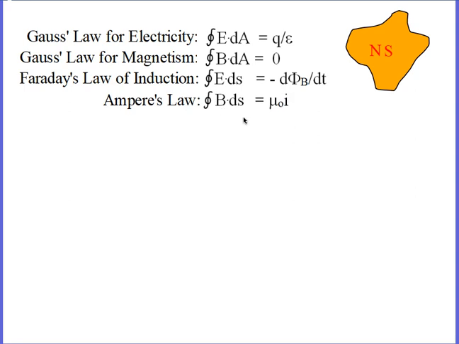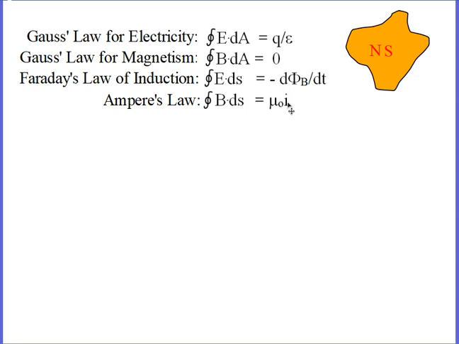So here you have the rate of change in magnetic flux results in an electric field. But you don't have the same thing here. But symmetry would suggest, shouldn't the rate of change in electric flux result in a magnetic field?